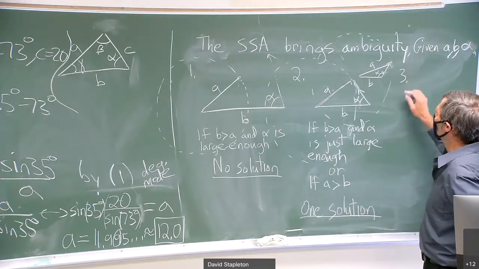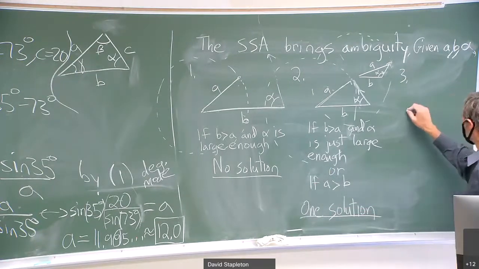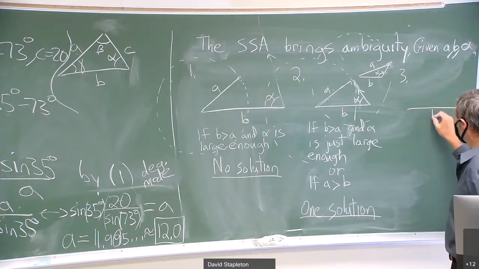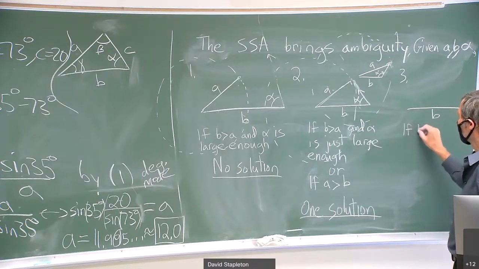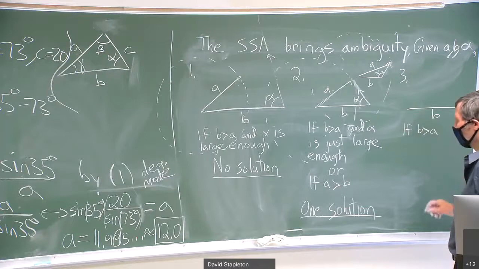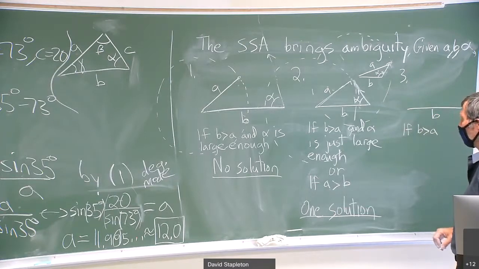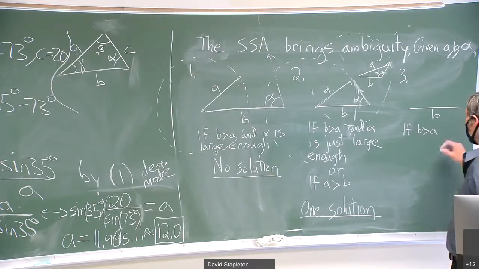Or in the third case, you can have a triangle like this. B is bigger than A, and alpha is more than just large enough to make a right triangle.